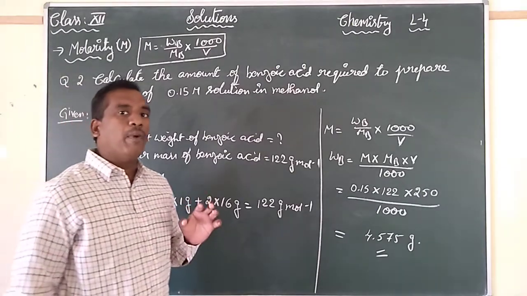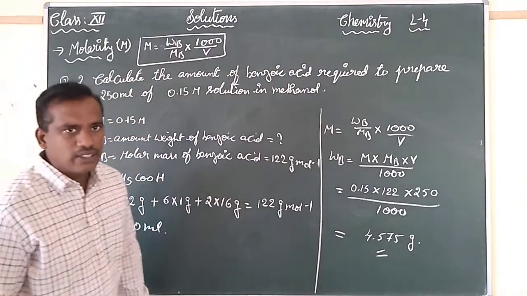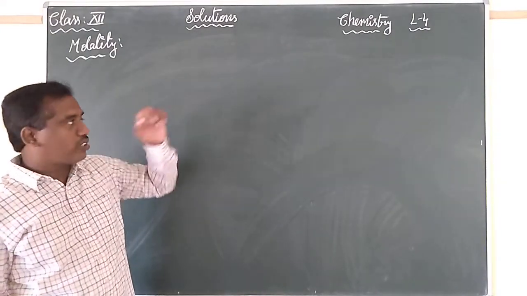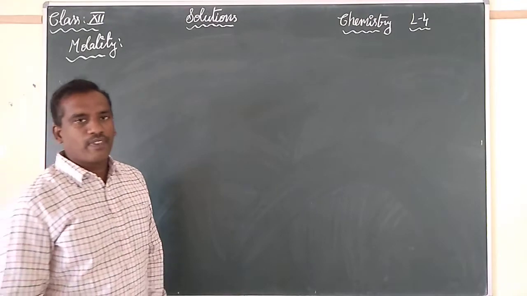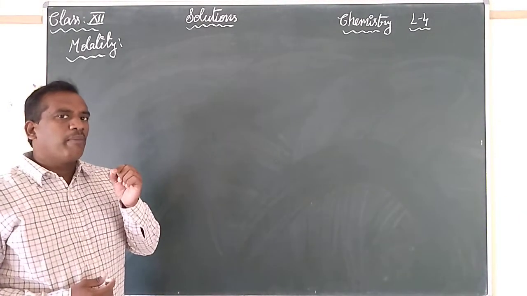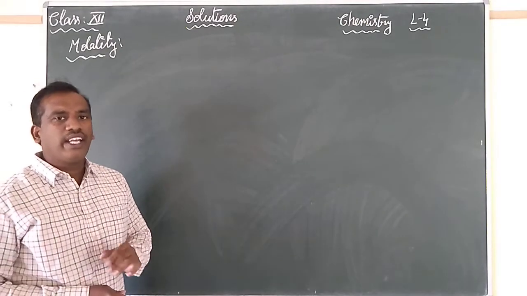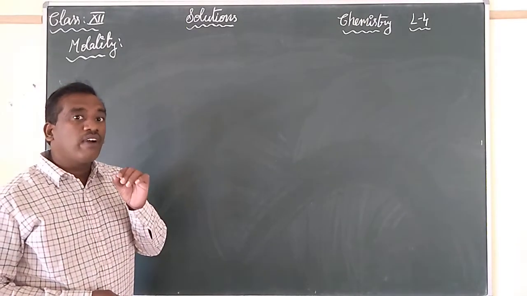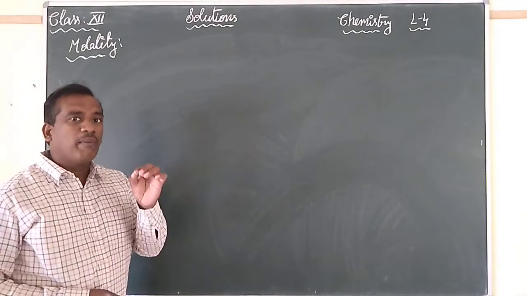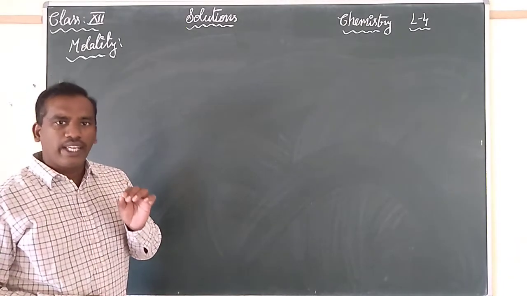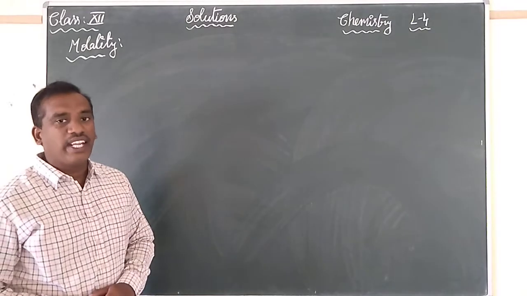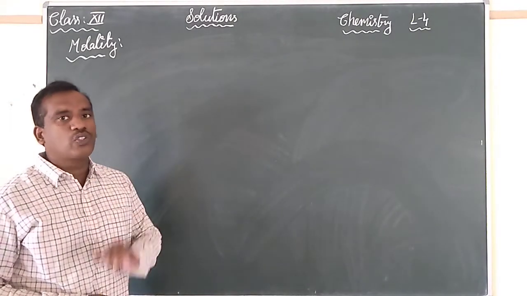This we call molality. Let us see the next expression of concentration, molality. In the case of molarity, what did we mention? Number of moles of solute in 1 liter of solution. In the case of molality, number of moles of solute in 1 kg of solvent.